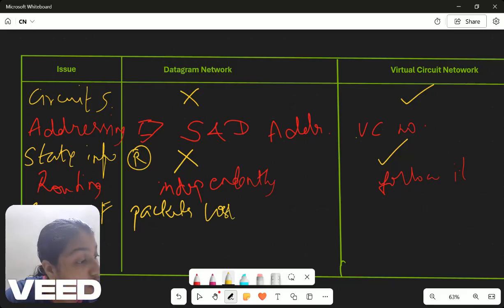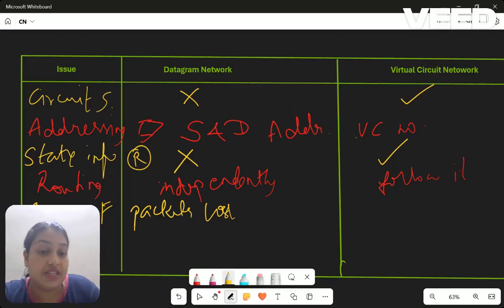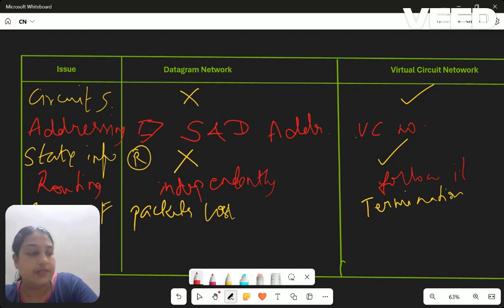But in virtual circuit network, every virtual circuit that is passing through the failed router will fail. If the router fails, then it will be terminated. In datagram, it will only lose some packets, but in virtual circuit, it will be terminated.